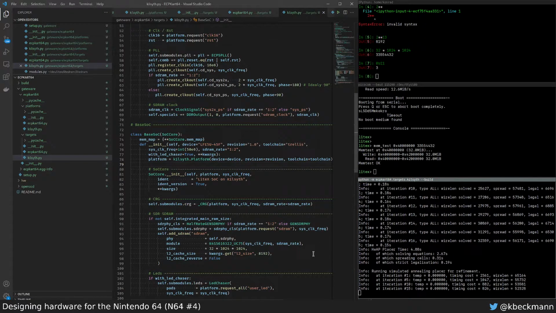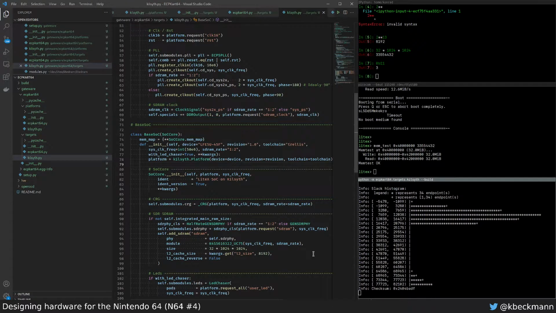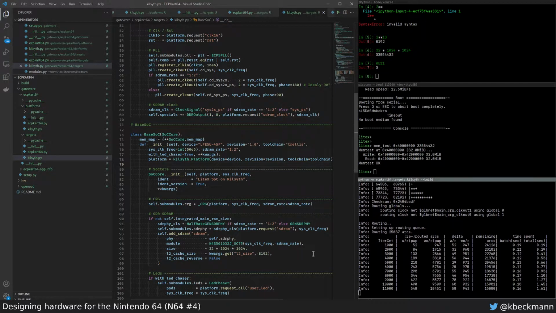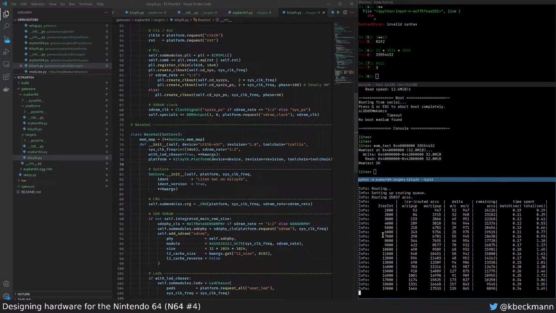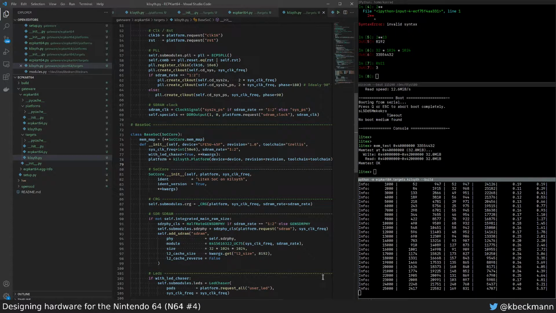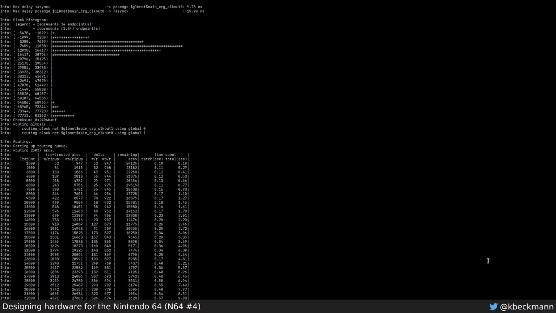Probably different pins and different package for the FPGA and so on, but otherwise, architecture-wise and code-wise, it should be very, very similar. All right.